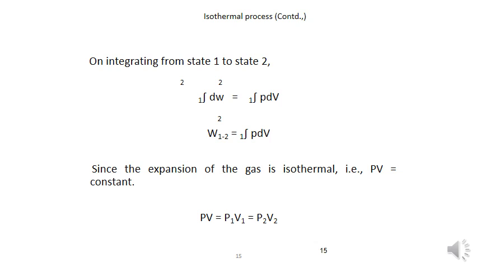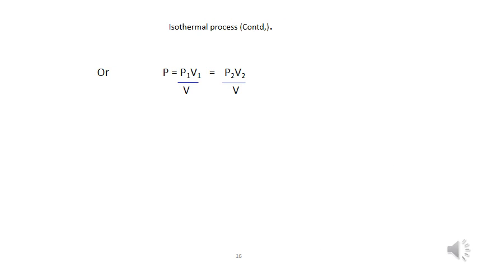Moving to the next slide, P is equal to P1 V1 divided by V, which is equal to P2 V2 by V. Therefore the work done is the integral of P1 V1 divided by V into dV.